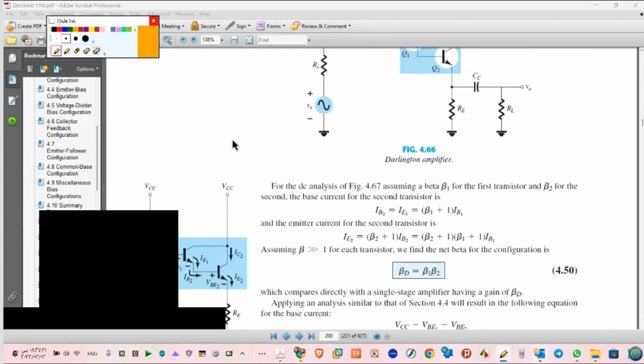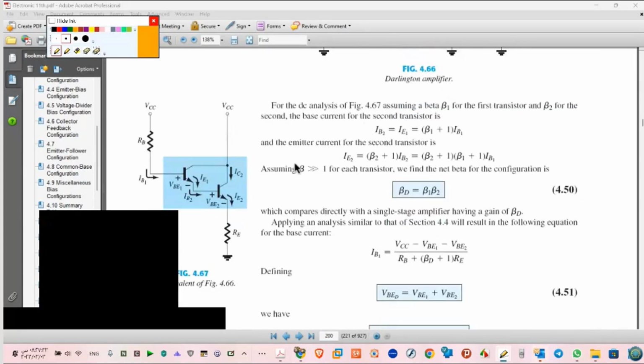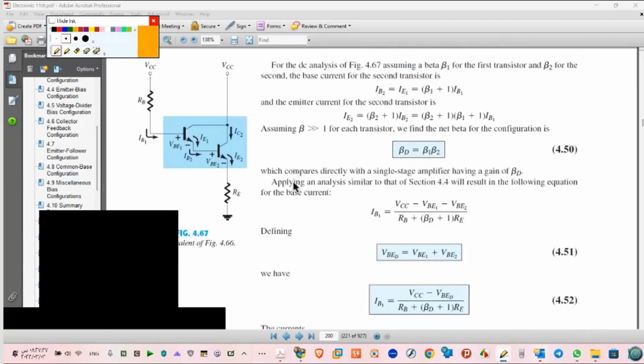How can I calculate beta total or beta Darlington here? In your book you can find the steps. IB equal IE1, so IE1 is (beta plus 1) IB1. Then you can find some mathematics.